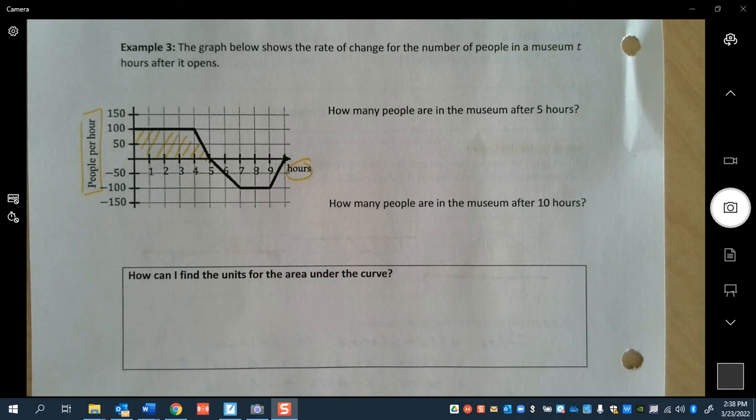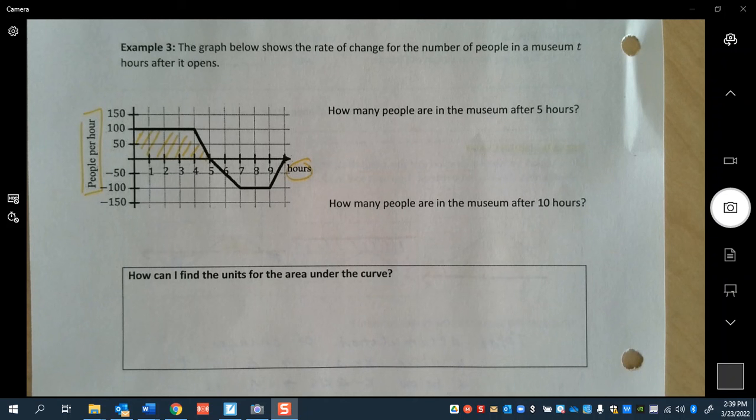When I figure this out, my rate of people drops over that 1 hour and goes to 0. But I can still figure out the area of this triangle because at a half hour's distance, I have 50 people. What's happening here? People are leaving because notice I go down into the negatives.